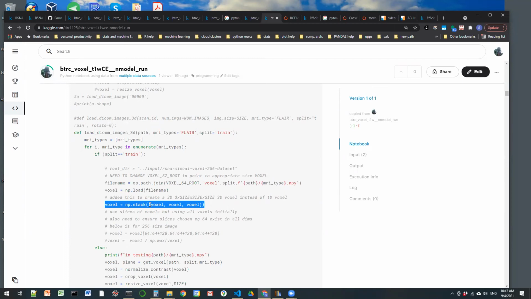Of course, the MRI types must be aligned, made of the same axial, sagittal, coronal orientation, and registered to the same atlas, as Mehul refers to it, because you want the channels to be properly aligned.